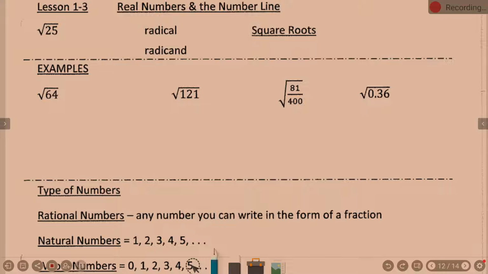It's not that we divide by 5 for the square root. For a square root, we're asking what number times itself. So in 25, it's what number times itself gives me 25. 5. And that is correct.